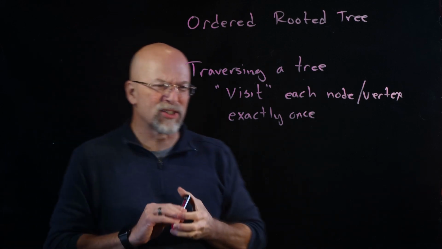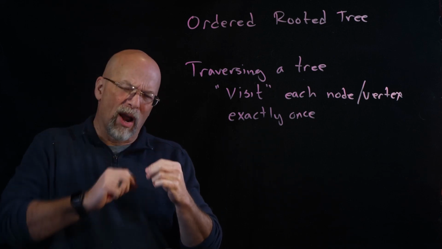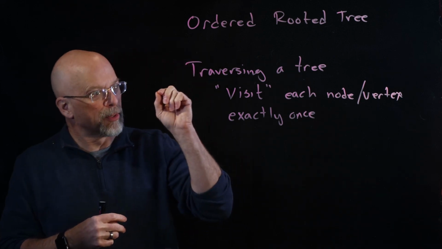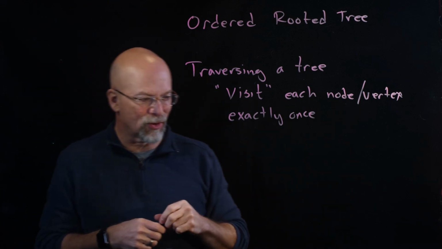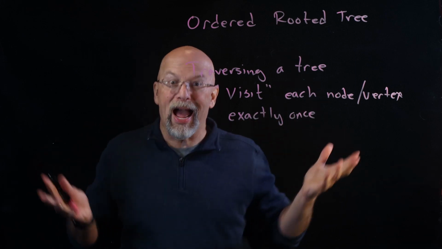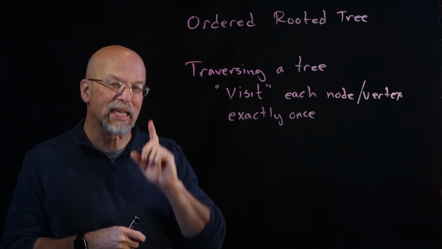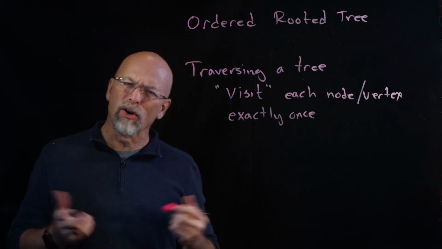And whenever I say visit, it may just be to search, is this the right one? Or maybe process. We need to do a particular process for this vertex. Or just simply count, who knows? But the idea is that we visit each one of those vertices exactly once. The question is what order do we do it in?